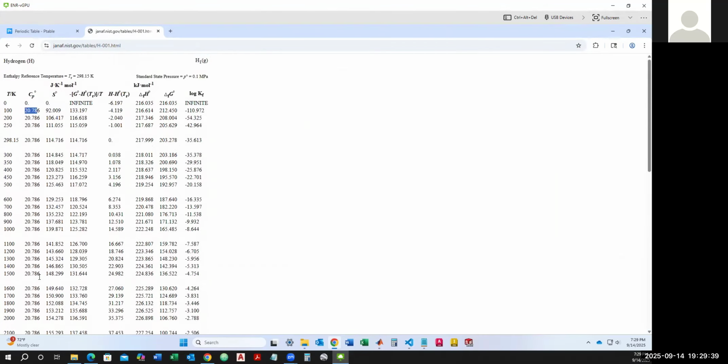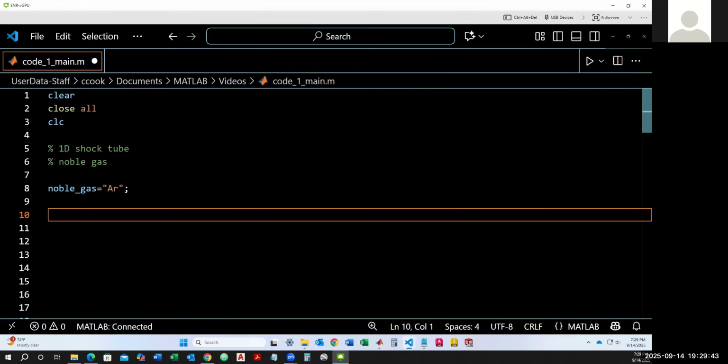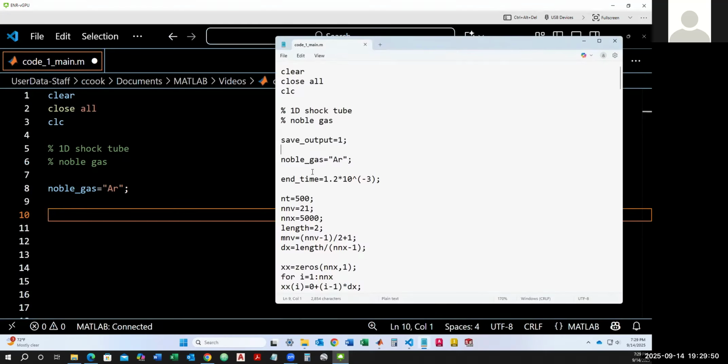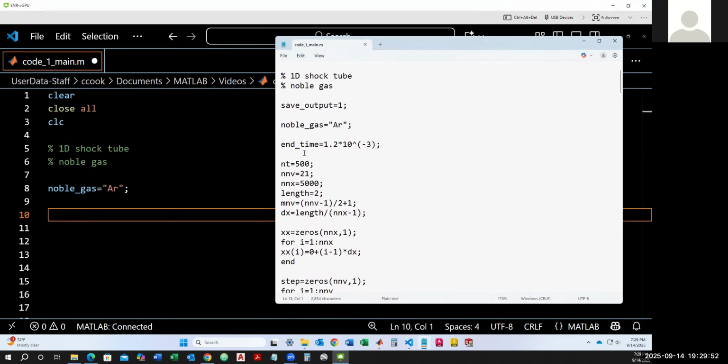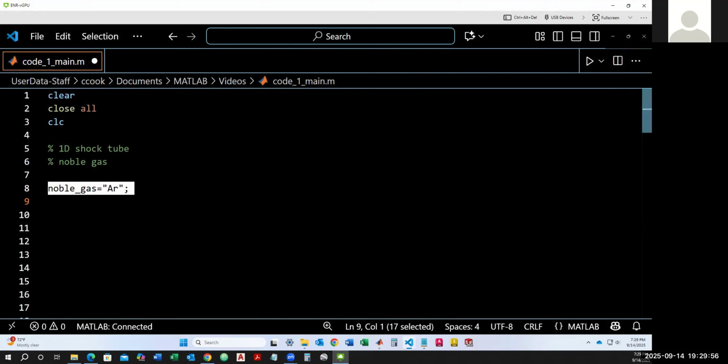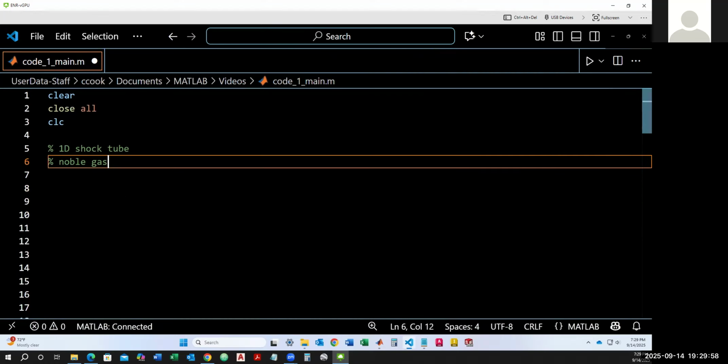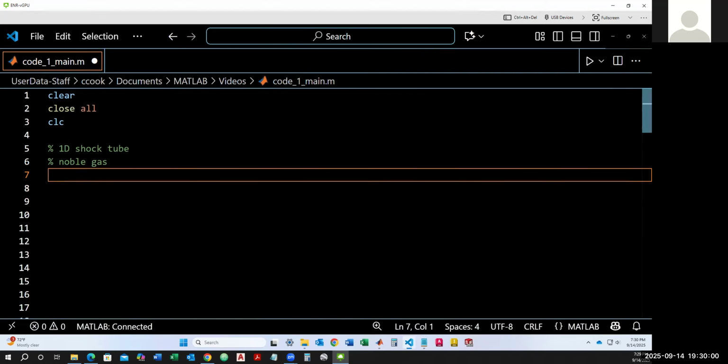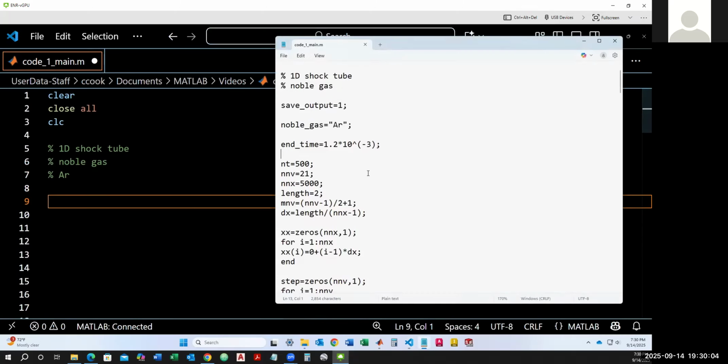So this also worked for hydrogen. You know what? We'll keep that for the end. We'll just do this for AR, for argon.